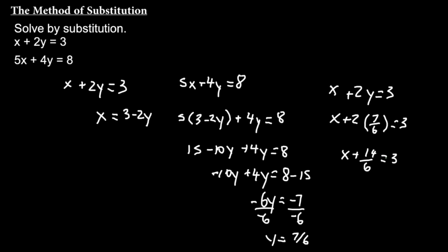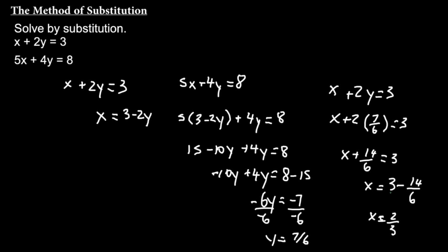We bring 14 over 6 to the other side, so x equals 3 minus 14 over 6. Subtracting, your answer should be 2 over 3 when you're done. x equals 2 over 3.